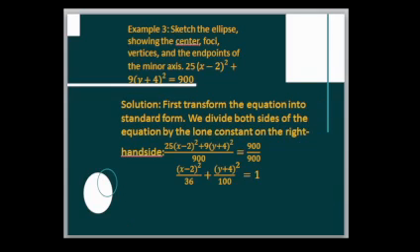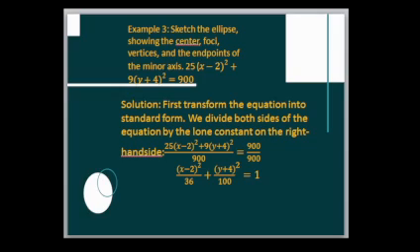Okay, example number 3. Sketch the ellipse showing the center, foci, vertices, and the endpoints of the minor axis: 25 times (x minus 2) squared plus 9 times (y plus 4) squared equals 900. So, ang atong first nga buhaton is, we have to transform the equation into standard form since that is not in standard form.